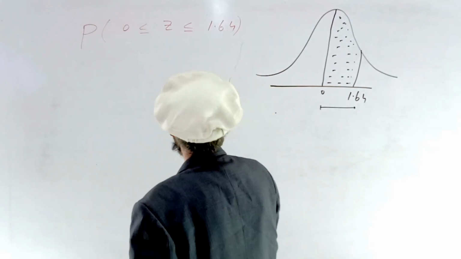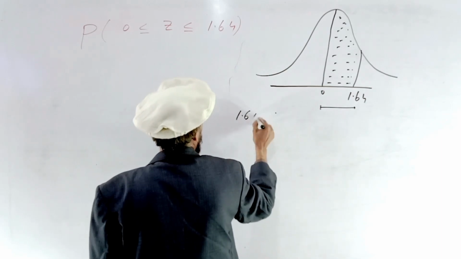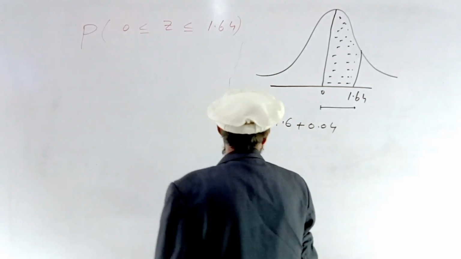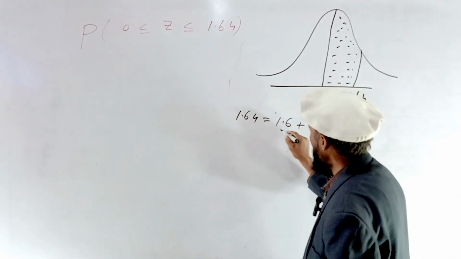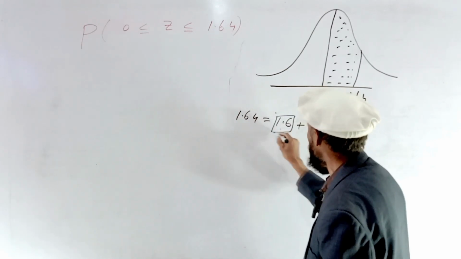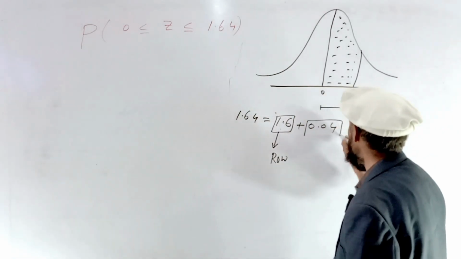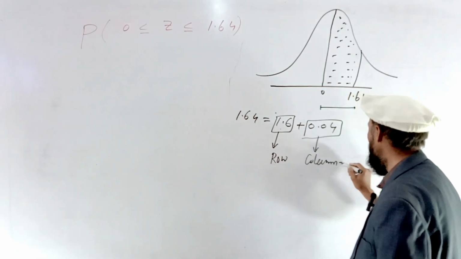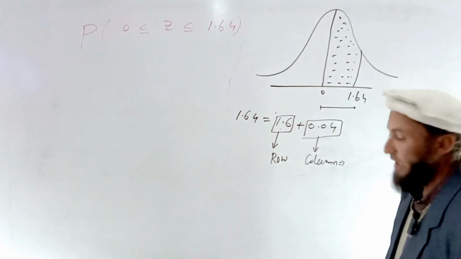We see the table for 1.64. We can write 1.6 plus 0.04, so we get the same result. We check the table of the standardized normal variable, the row of 1.6 and the column of 0.04.